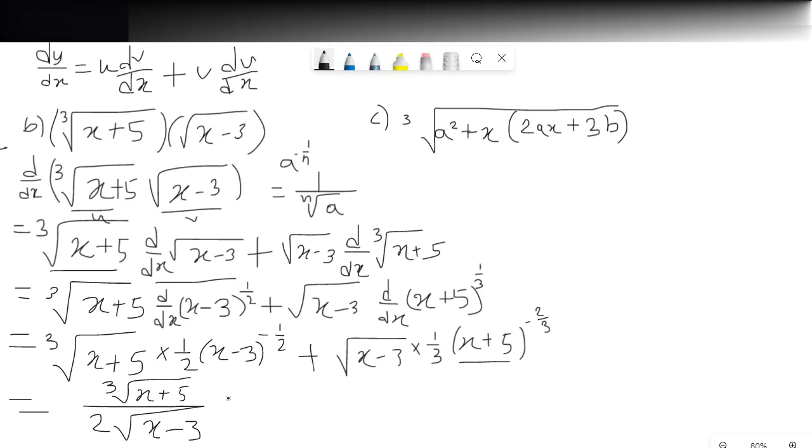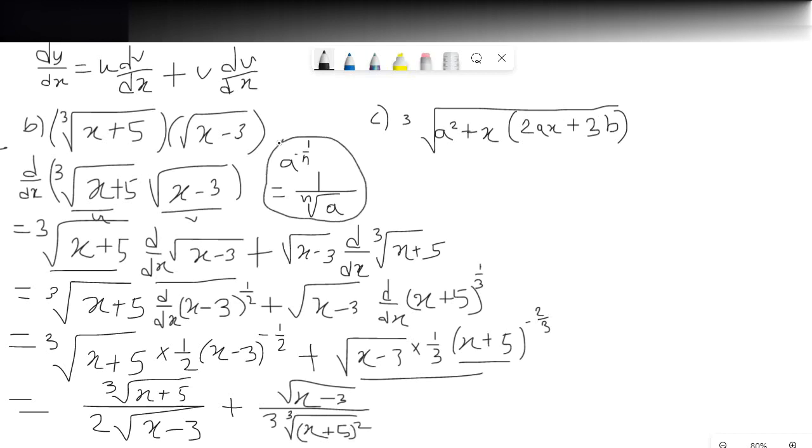So finishing the answer, plus doing the same for this term, we get root of x minus 3 divided by 3 multiplied by the cubic root of x plus 5 whole square, applying the same indices rule as shown before.